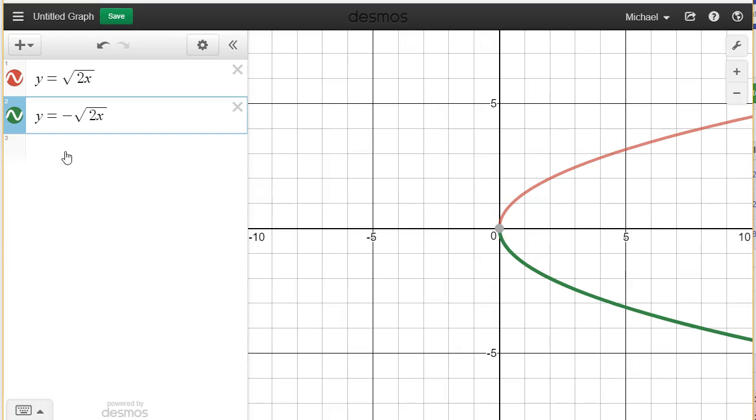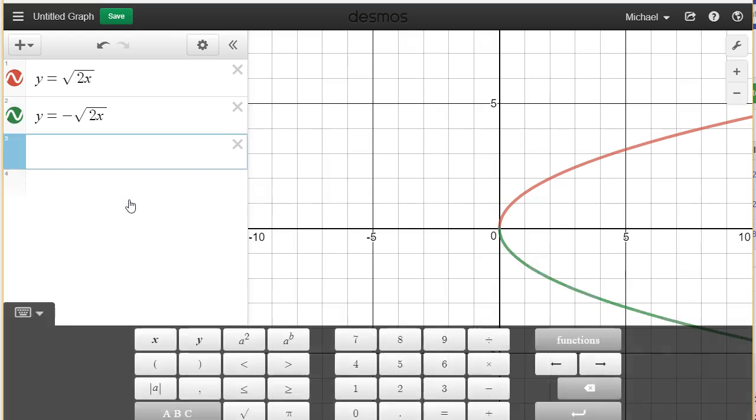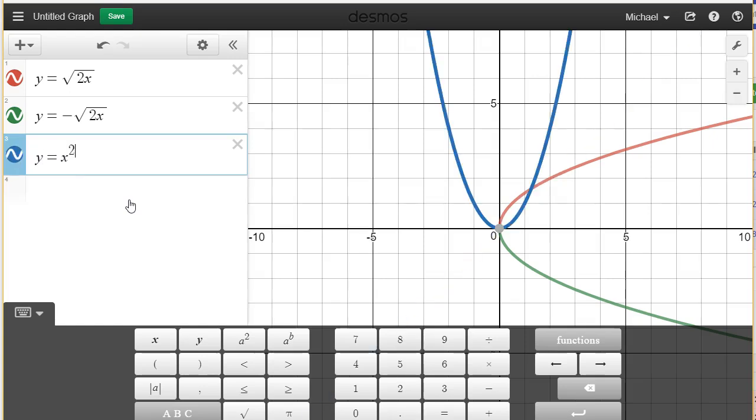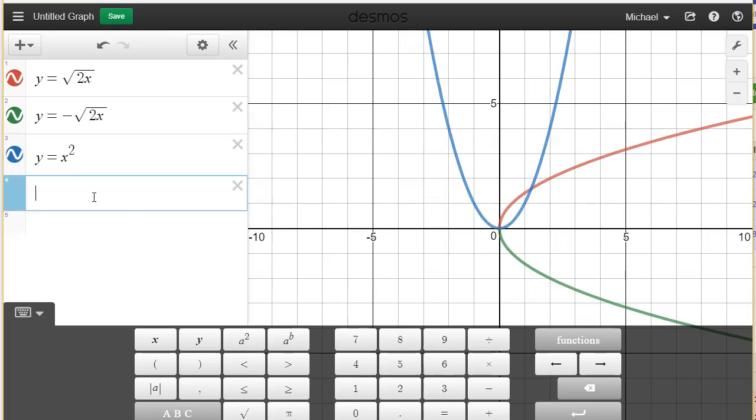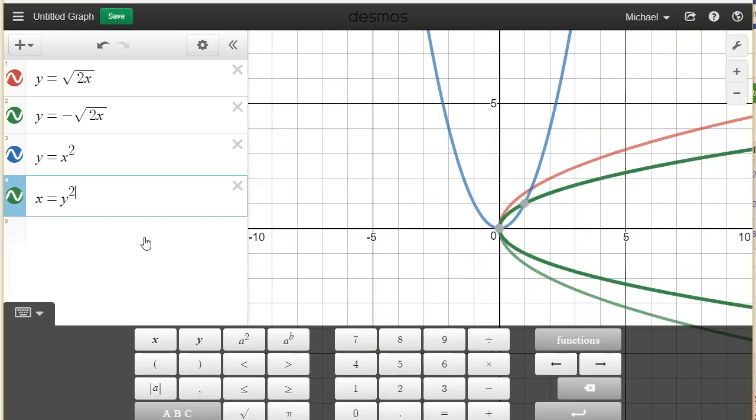You might recall that when we first started studying parabolas, we had something like y equals x to the power of 2, and that gave us a parabola that either opened up or opened down, depending on whether the leading coefficient was positive or negative. Well, we have the same issue when we have x equals y to the power of 2.